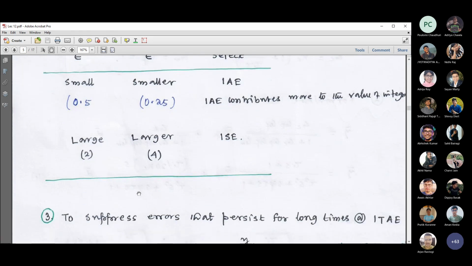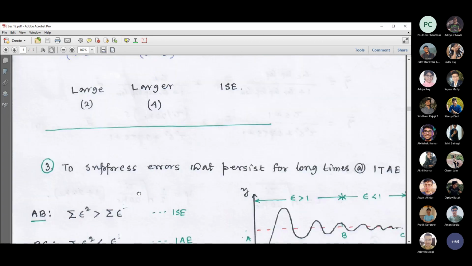And another one is left, that is ITAE. When we consider ITAE, we would like to suppress errors that persist for long times. So try to understand this point.